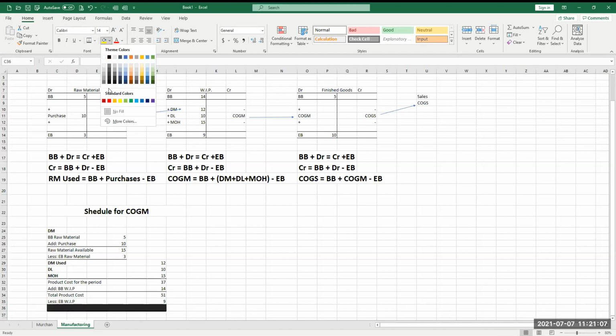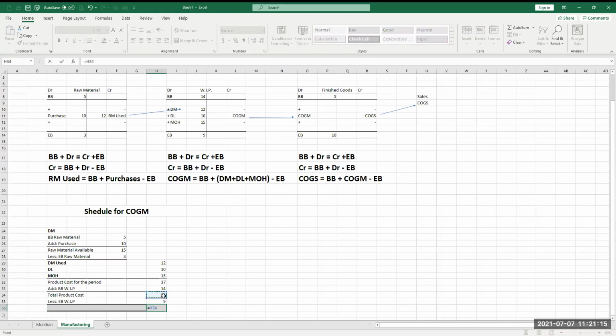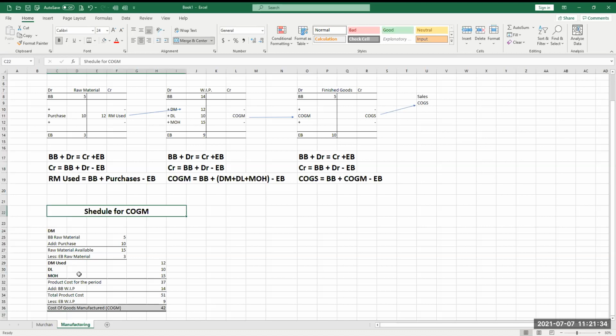What's my next line? What should I write here? Cost of goods manufactured. Excellent. And I did the schedule for cost of goods manufactured.